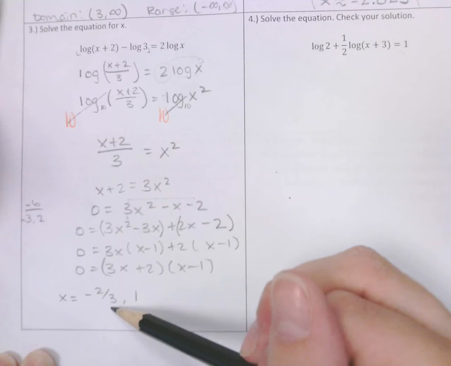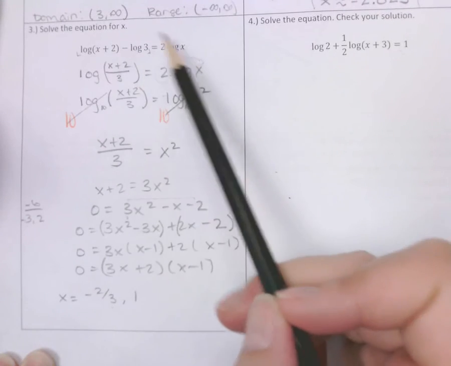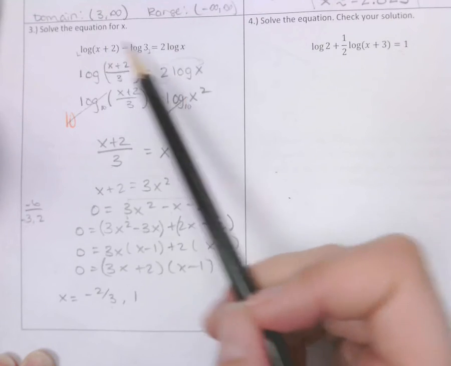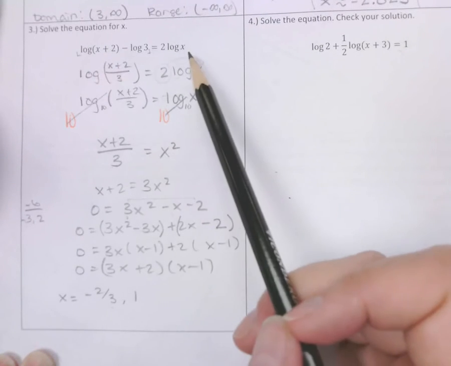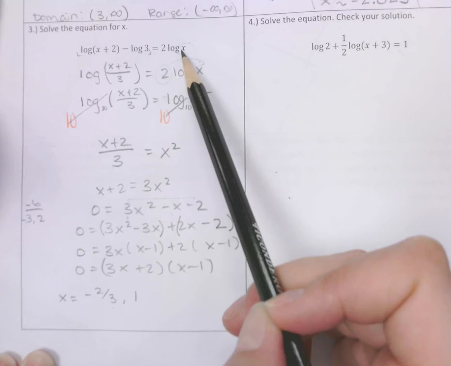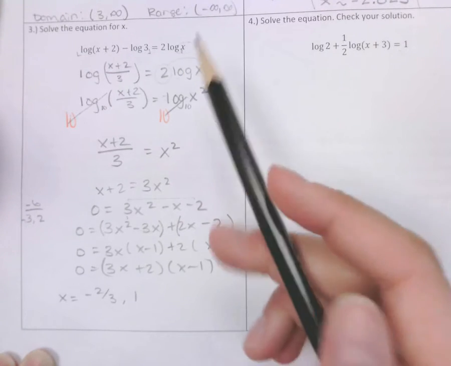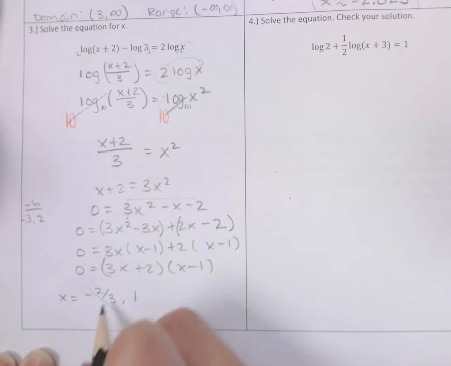So when you plug in negative 2/3, do you get anything less than 0 or equal to 0? Are you sure? What about here? What happens when I plug in a negative 2/3 there? I get log of negative 2/3. That's not good. That one's going to be extraneous.